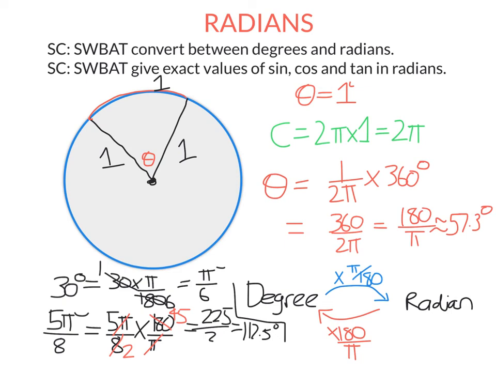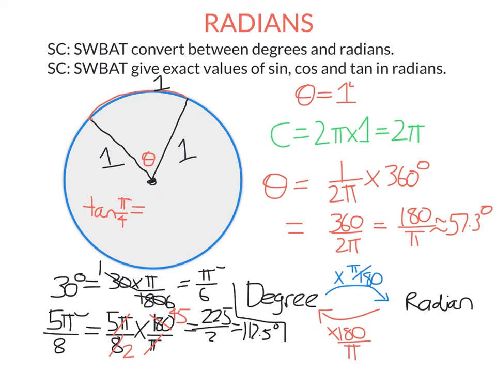It's really, really simple. So we don't really need to do too much more to be able to find exact values. So let's say we want to find the exact value of tan pi on 4. Well, all we're going to do is change pi on 4 into degrees because we're used to working in degrees. So pi on 4, if I go from radians to degrees, I times by 180 over pi, I should get 45.